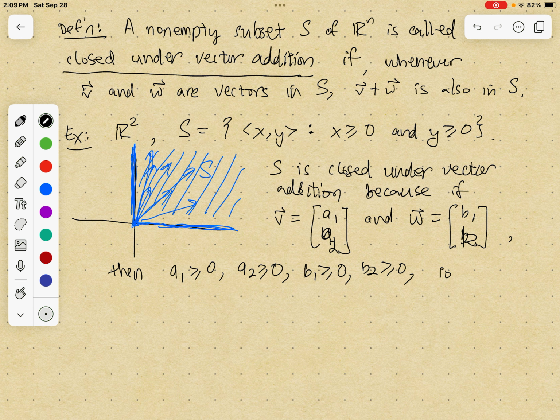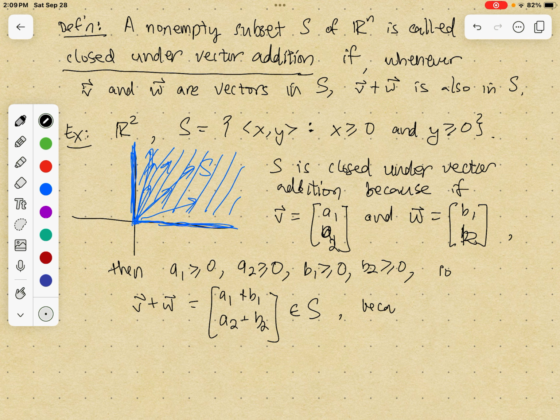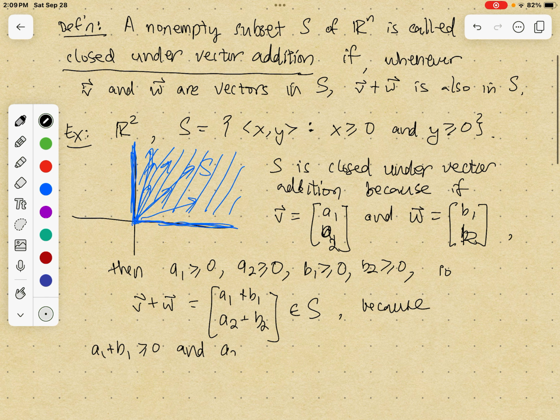So v plus w is going to be (a1 plus b1, a2 plus b2). This is in S because a1 plus b1 is greater than or equal to 0, and a2 plus b2 is greater than or equal to 0.